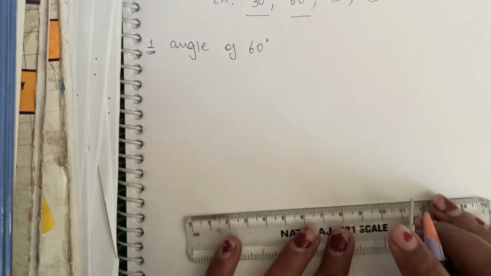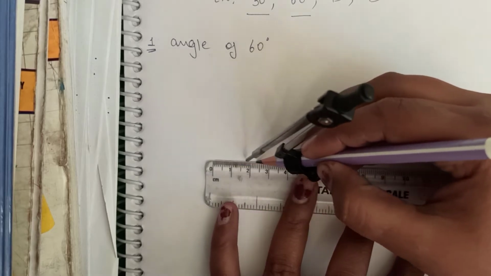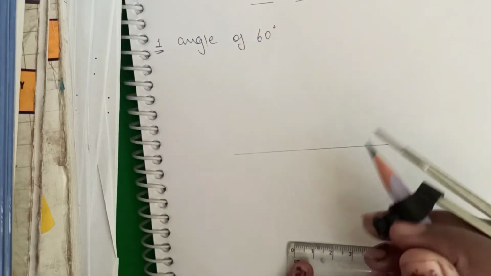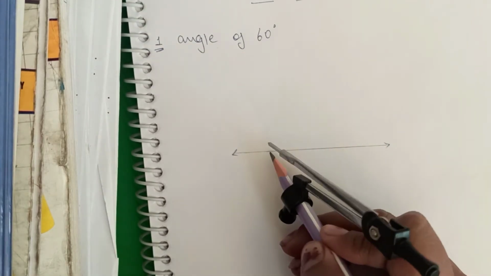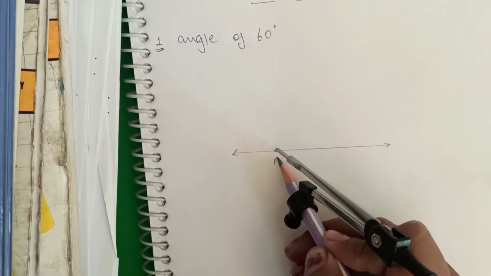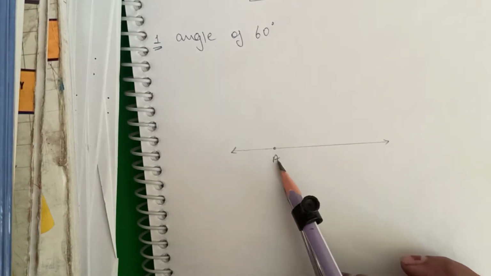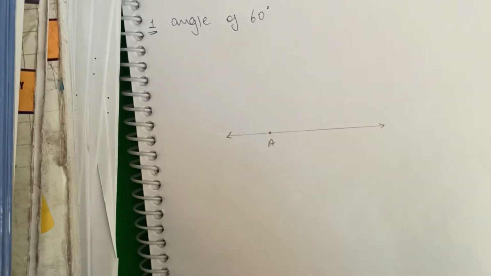Draw a line of any length and mark a point on that, E. Clear? Draw a line and mark a point on it.